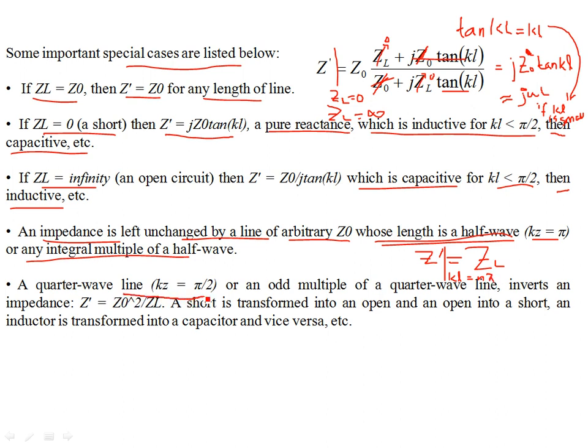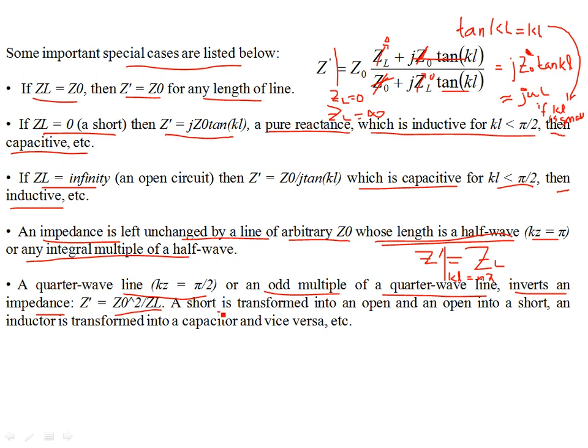So a quarter wavelength line, or an odd integral multiple of quarter wavelength, results in a π/2 phase shift. An odd multiple of quarter wavelength line inverts an impedance, and that is equal to Z0 squared by ZL. So if the characteristic impedance is real and the load is real, then the transformed impedance is also real.